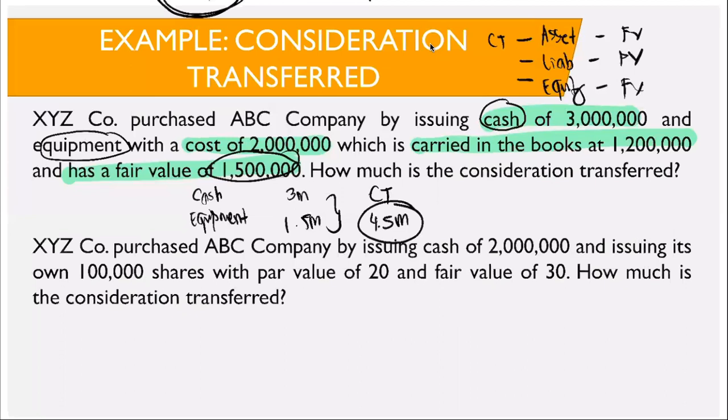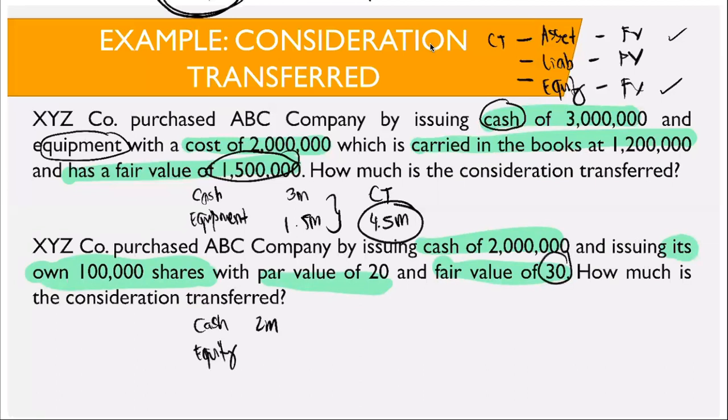So what are the items transferred here? Asset and equity. So what is the asset transferred? Cash of 2 million pesos. What is the equity transferred? Its own 100,000 shares. Par value is 20, fair value is 30. So how do we measure the equity then? So the equity should be measured at fair value.